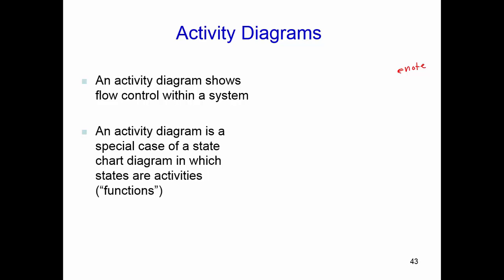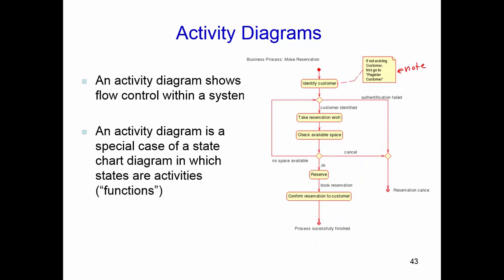Activity diagram is a special case of a state chart diagram in which states are activities or functions. And here's the idea. So if you're familiar with flowcharts, these diamonds represent the decision points. So depending on the decision that you're making, you go one way or the other.